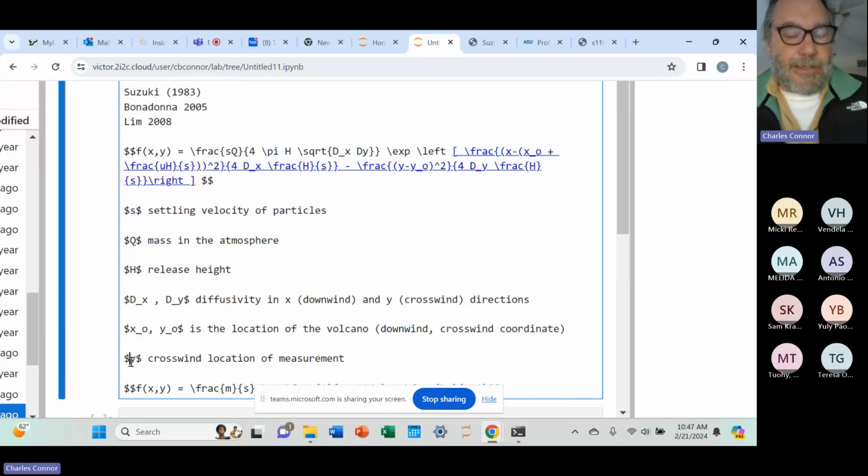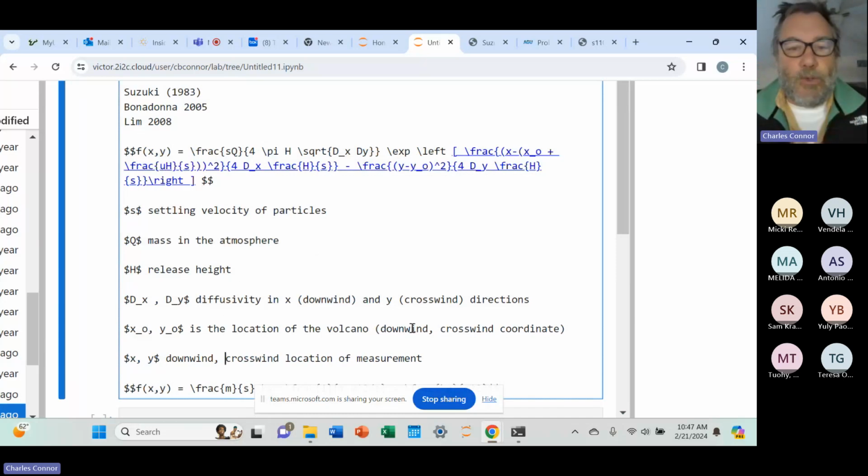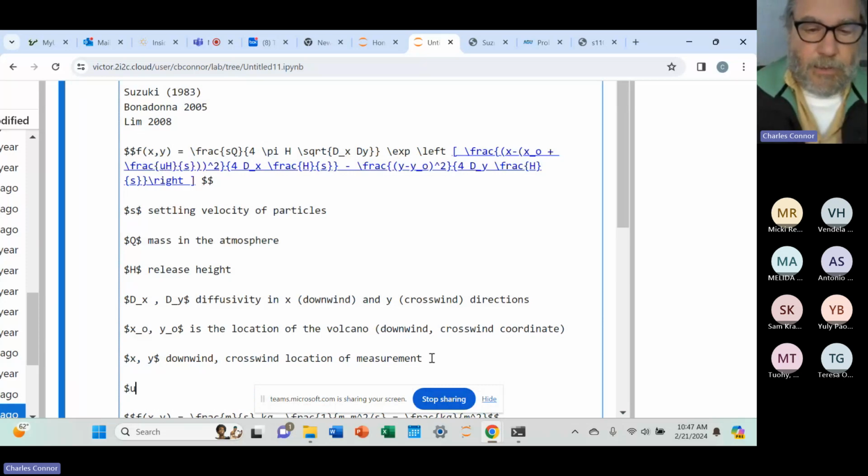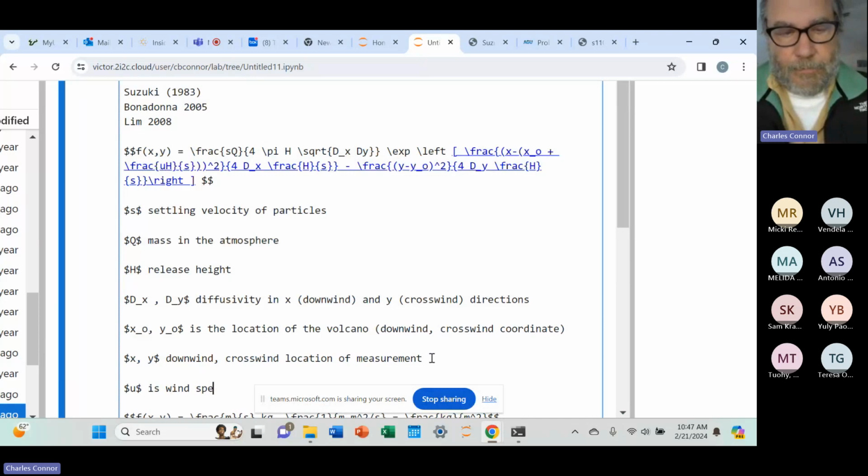And x is going to be the downwind and crosswind location of my point. And u is the only thing I've got left there. And u is the wind speed. And that's my advection term.